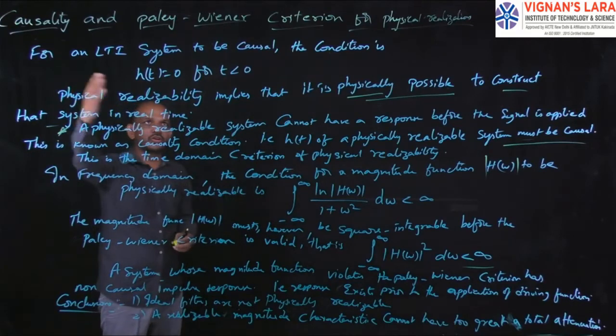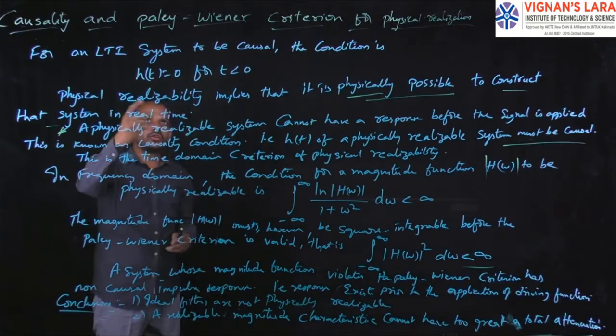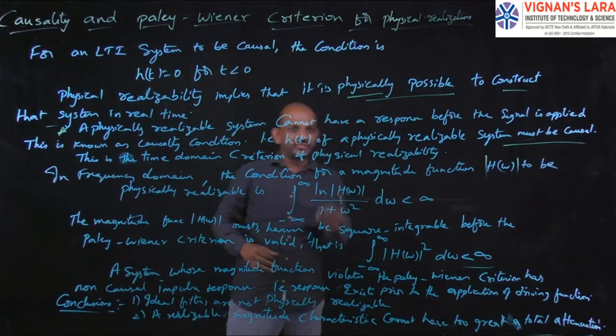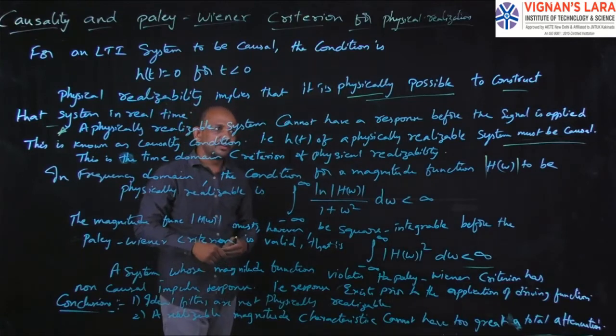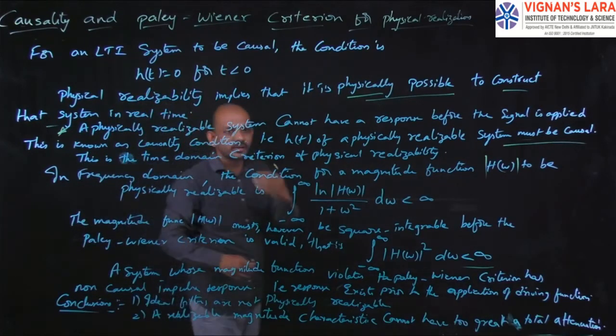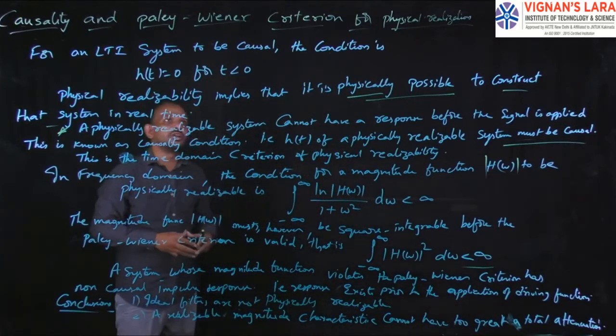First I explained causality, then physical realization, and then the Paley-Wiener criterion, both in time domain and in frequency domain, giving the equations for the frequency domain. Finally I gave the two conclusions of this criterion.